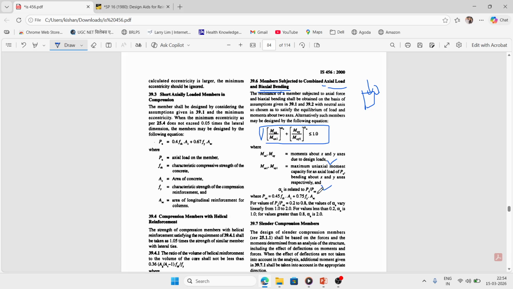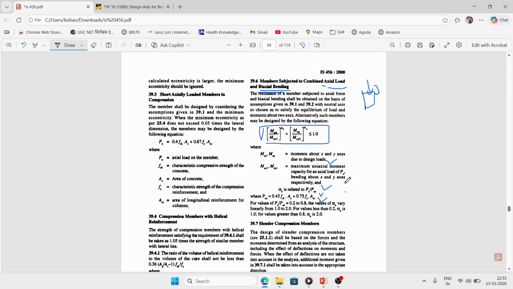Okay. AN is related to PU by PUZ. We have already discussed PUZ; you have to use this formula. For PU by PUZ from 0.2 to 0.8, the value of alpha varies linearly.